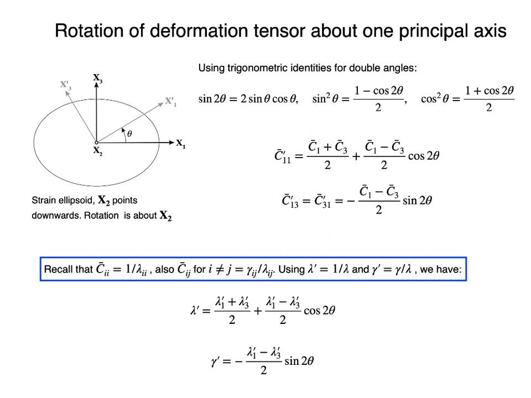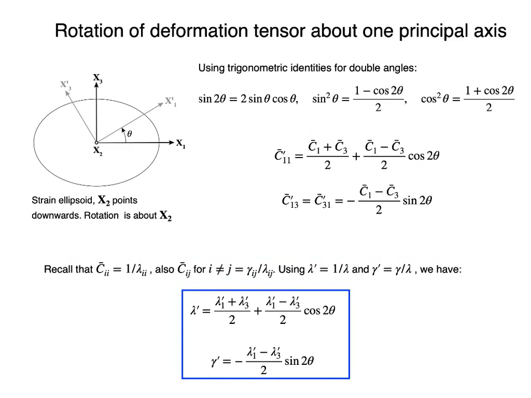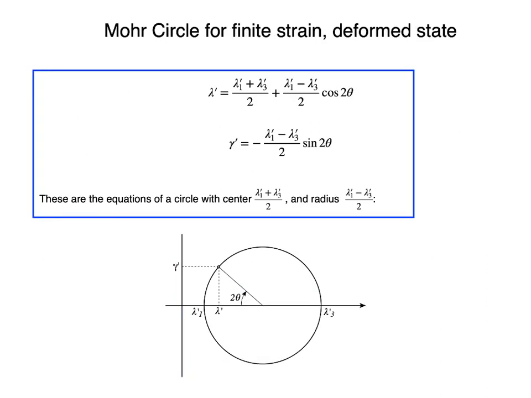Using lambda prime equal to 1 over lambda, and gamma prime equal to gamma over lambda, we have these equations, which are the equations of a circle with center, lambda prime 1 plus lambda prime 3, divided by 2, and radius, lambda prime 1 minus lambda prime 3, divided by 2.